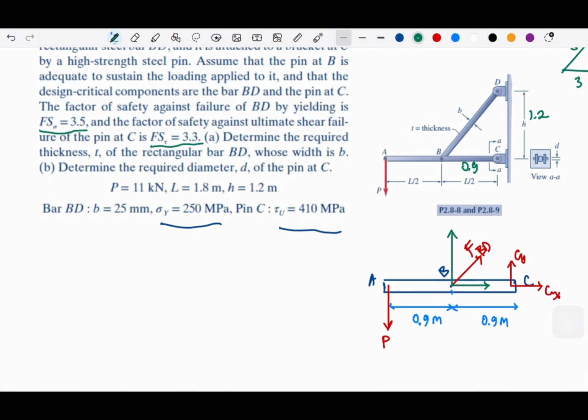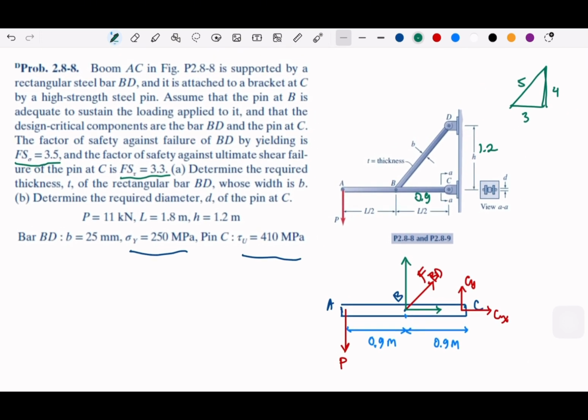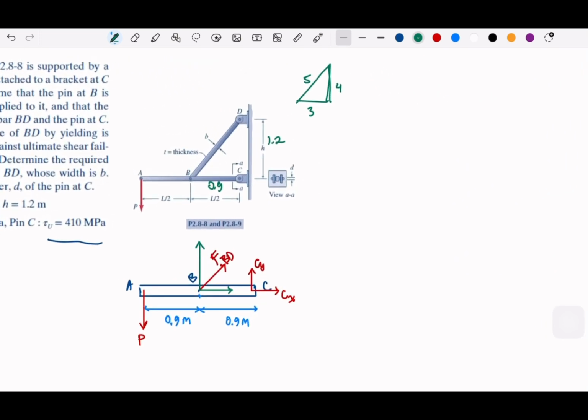Now, as standard in our courses, after we draw all the possible forces and all the components, the next step is the equilibrium. First start with the diagrams, and second is the equilibrium.